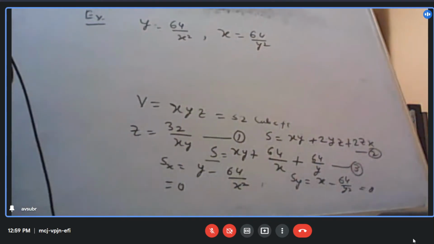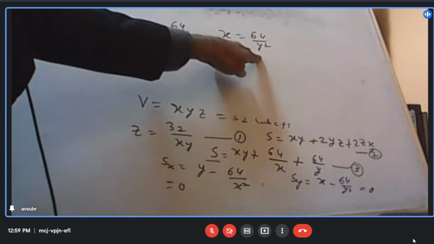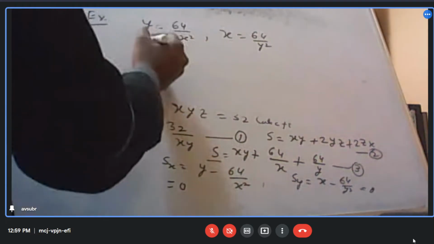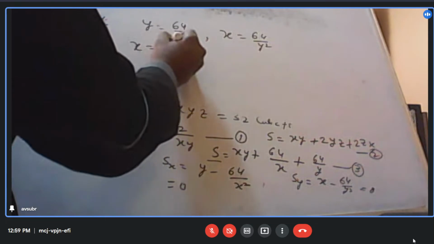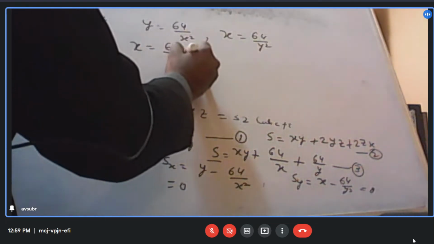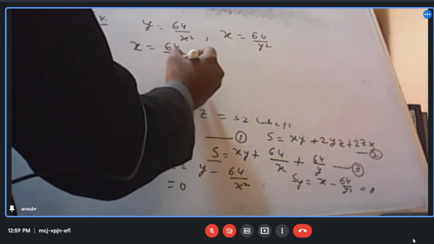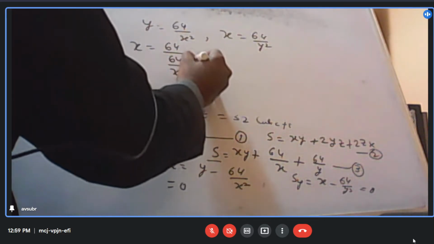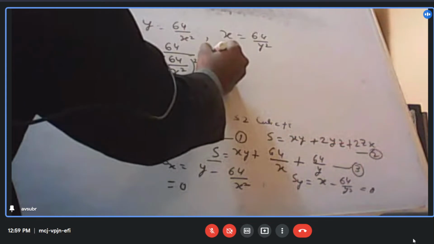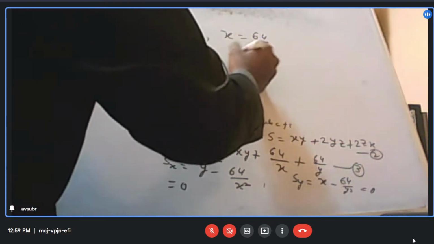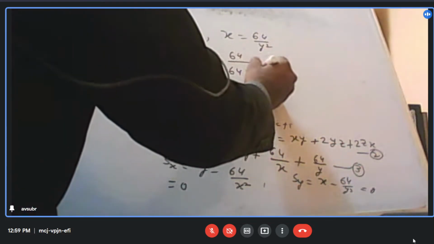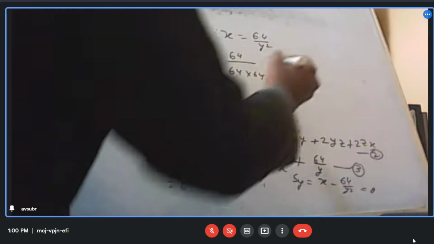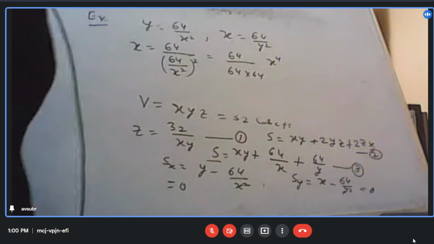If you put y over here, then we get x. So x is equal to 64 by (64 by x square) whole square. So this will be 64 by 64 into 64 into x to the power 4.